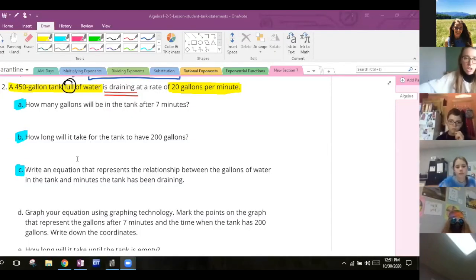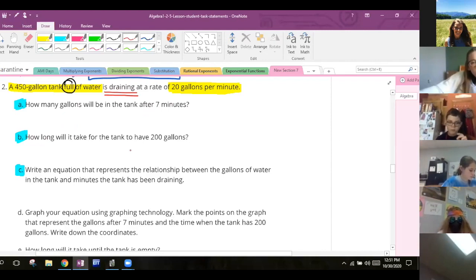Okay, so let's look at it together. It says how many gallons will be in the tank after 7 minutes. So someone tell me how I'm going to figure this out. What's going to be my first step? Multiplication. Okay, what am I going to multiply, Jocelyn? 7 times 20. Okay, I'm going to do 7 times 20.